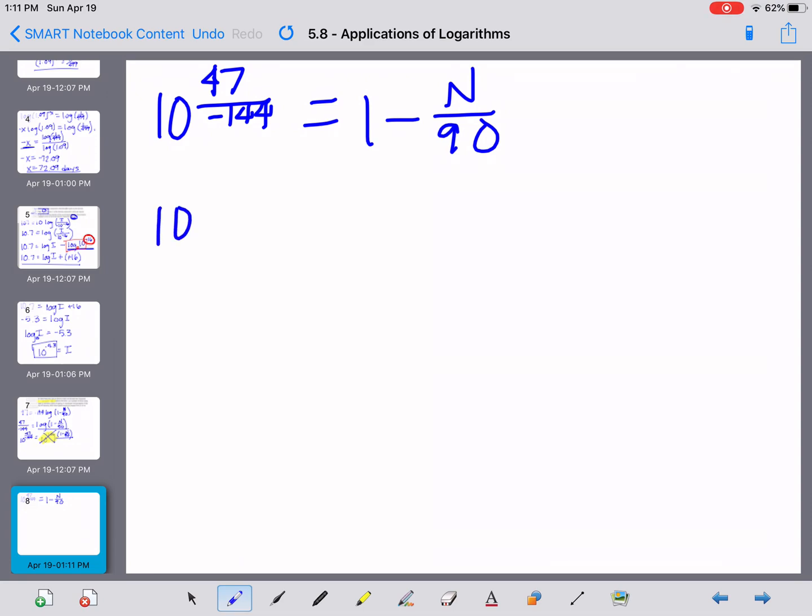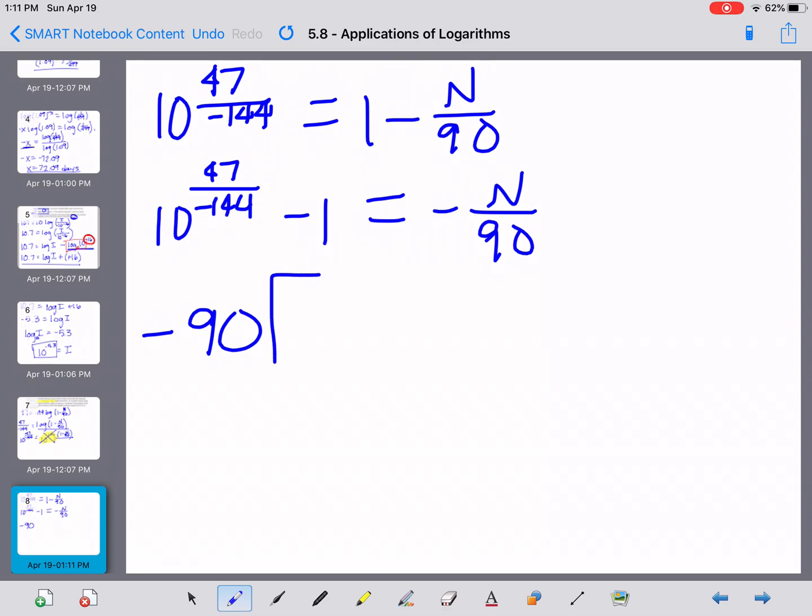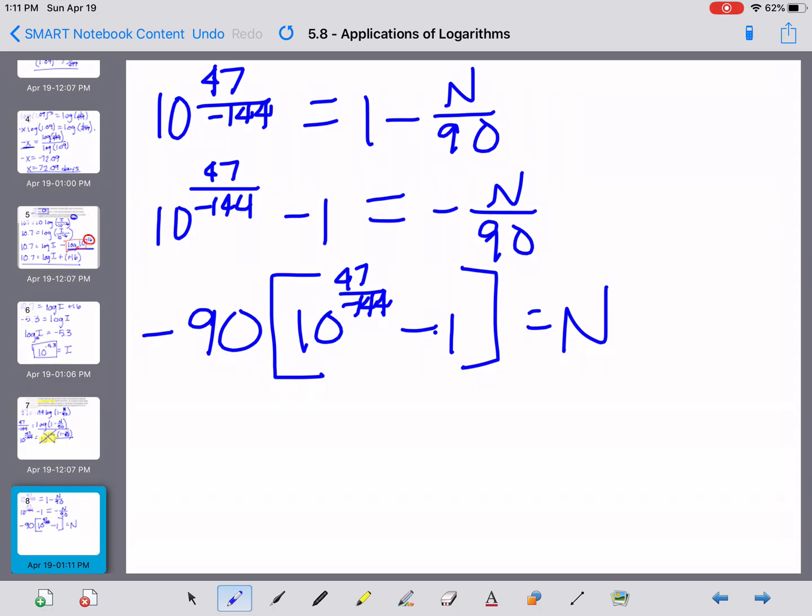I got 10 to the 47 over negative 144, minus 1, equals negative n over 90. Everything gets multiplied by negative 90, so the end result is negative 90 times the bracket 10 to the 47 over negative 144, minus 1. That's going to give me my n value, or my words per minute.